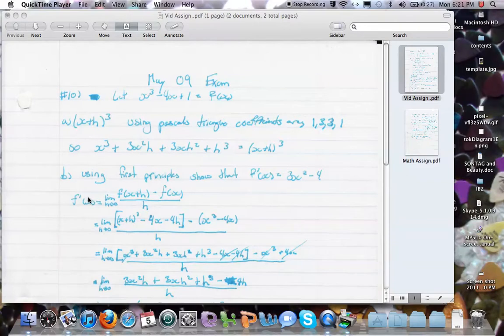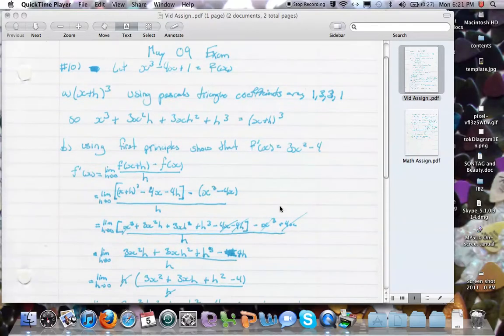That was just minus 4 times x plus h, and I simply expanded that right away. Then minus x cubed minus 4x, all over h. You then use the binomial expansion from part A for x plus h cubed, and then you have everything expanded within the square brackets, which is what you see here.